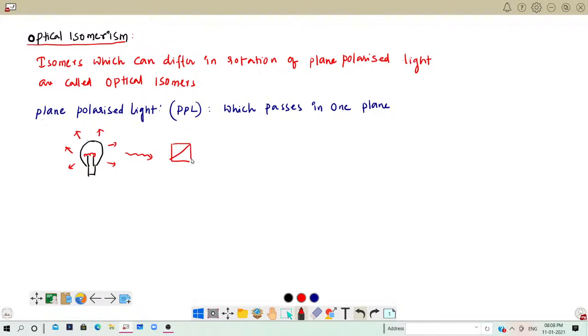So this is called a nickel prism. Then the resulting light travels in only one plane.